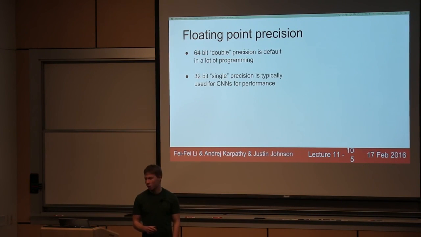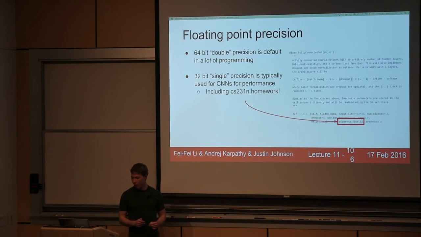More commonly used for deep learning is single precision, which is only 32 bits. If each number takes fewer bits, then you can store more of those numbers within the same amount of memory. That's good. And with fewer bits, you also need less compute to operate on those numbers. So in general, we would like smaller data types because they're faster to compute and use less memory.